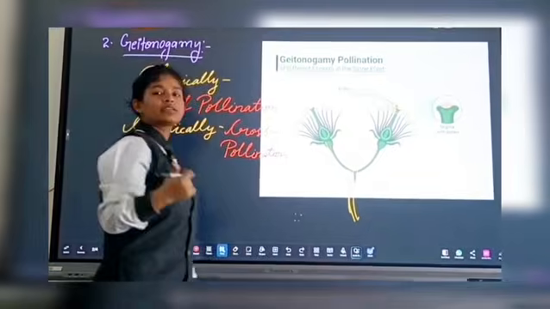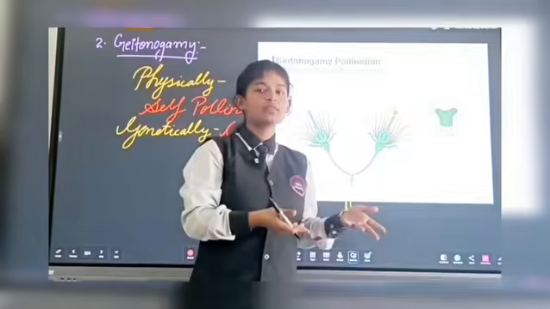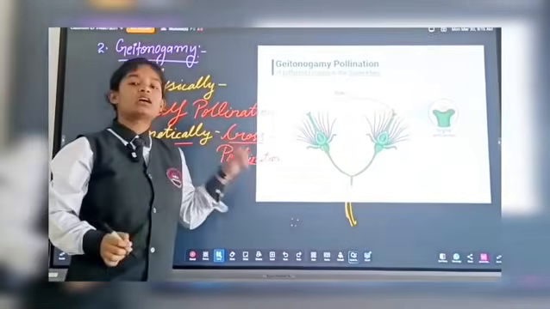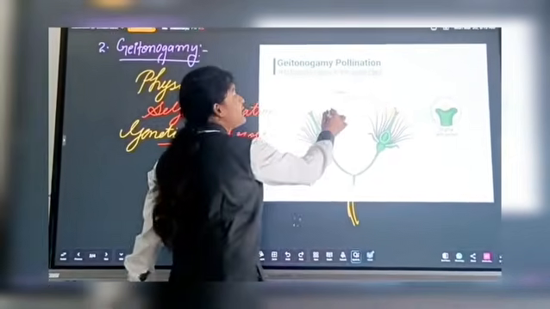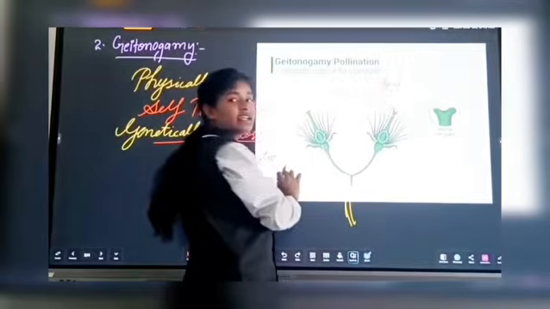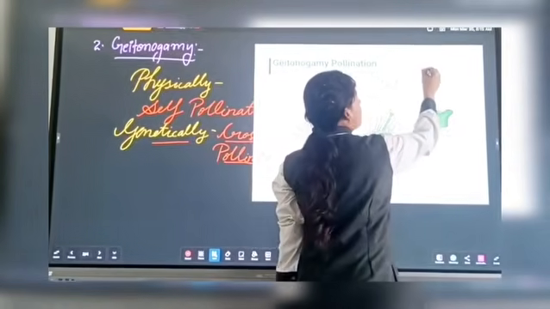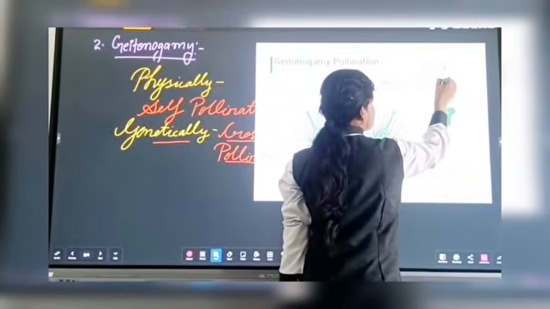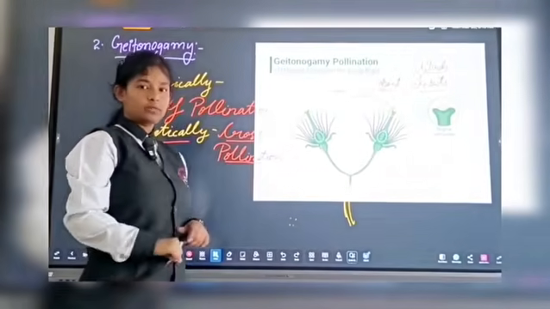Now we know that autogamy and geitonogamy are self-pollination, and the third, xenogamy, comes under cross-pollination. So why have I written genetically cross-pollination? This occurs because one plant has lots of flowers, so it needs an agent. Pollen grain can't physically come to the stigma of the flower. It needs an agent like wind or insect. So the agent is why we have termed it cross-pollination.